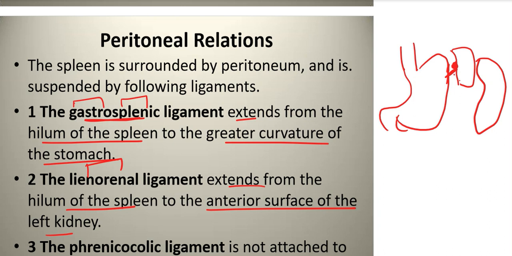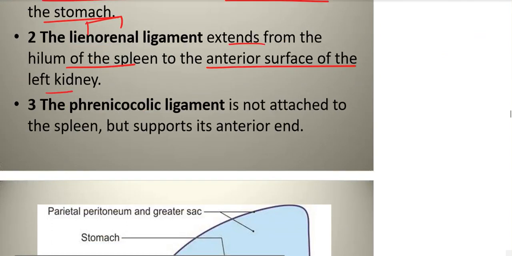So between the hilum of the spleen and the anterior surface of the kidney, there is a ligament called the lienorenal ligament. Next is the phrenicocolic ligament. This is not related to the spleen, but it supports the anterior end. Phrenicocolic means phrenic and colic; the ligament between the phrenic and colic is the phrenicocolic ligament.